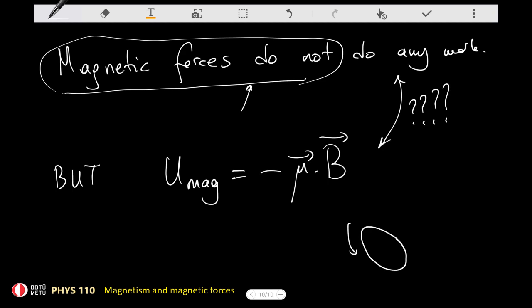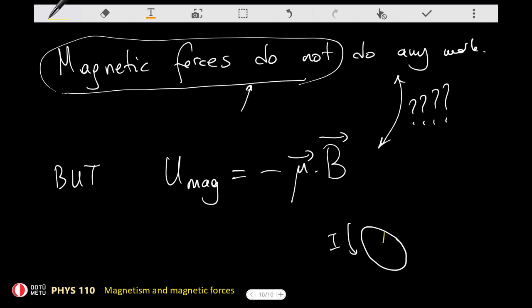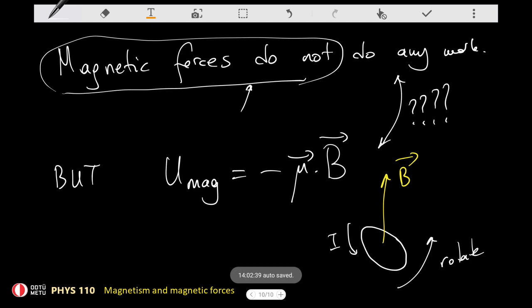So let me try to describe it like that. We have a current carrying loop in here, and let's say there's a magnetic field in here. If I try to rotate the loop, the current carrying wire, it appears that there's an electric field produced in here. There's an extra induced electric field.